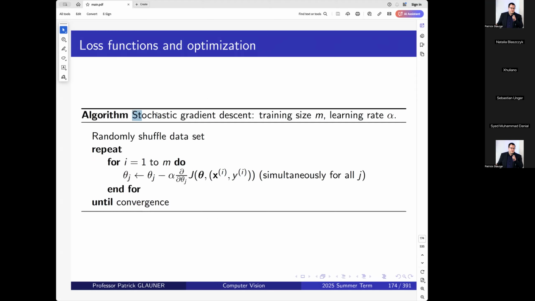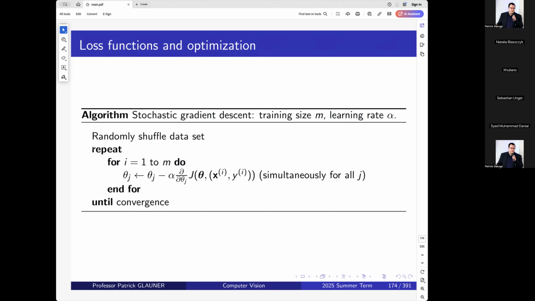Instead, we use stochastic gradient descent. Stochastic gradient descent would also be discussed in detail in a machine learning class or in a deep learning class. What I'm doing in there is I just take one or a few examples to calculate that error.